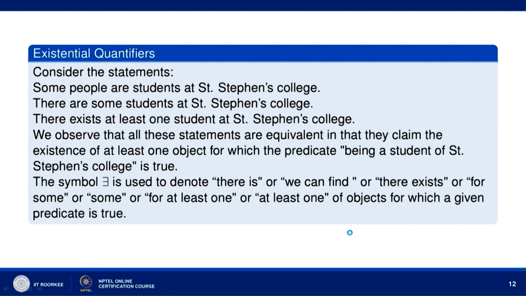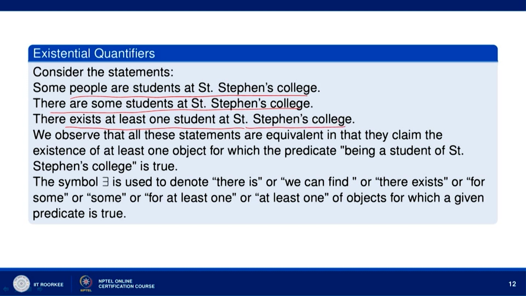Now, let us discuss existential quantifiers. Let us consider these statements. Some people are students at St. Stephen's College. The second statement: there are some students at St. Stephen's College. Third: there exists at least one student at St. Stephen's College.